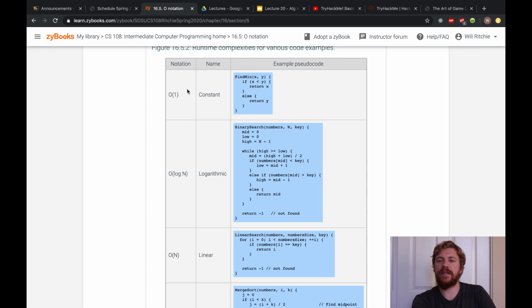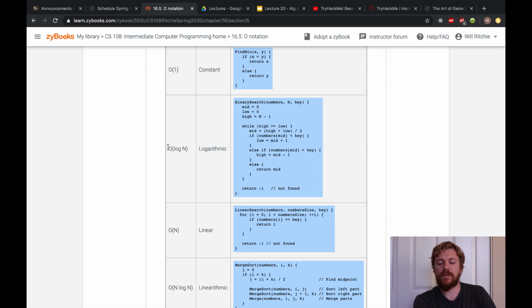That means as n gets bigger and bigger, the runtime doesn't change. It's always going to be constant. And so you can see in code here that an if-else branch is something that might produce constant runtime. There is no n here, in other words.